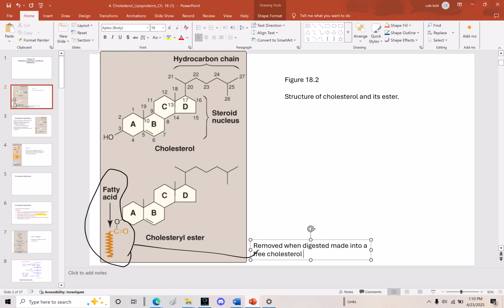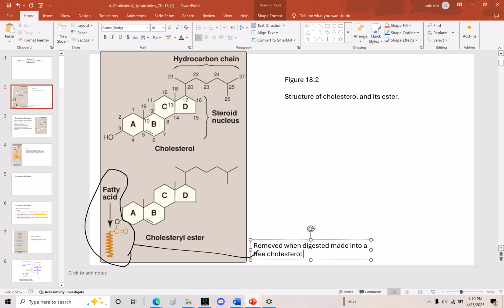But if you don't have the fatty acid on it, if it's just this, then you just have a cholesterol. Without the fatty acid, it's just cholesterol. With the fatty acid, it's a cholesterol ester. An esterase is needed to remove that fatty acid.